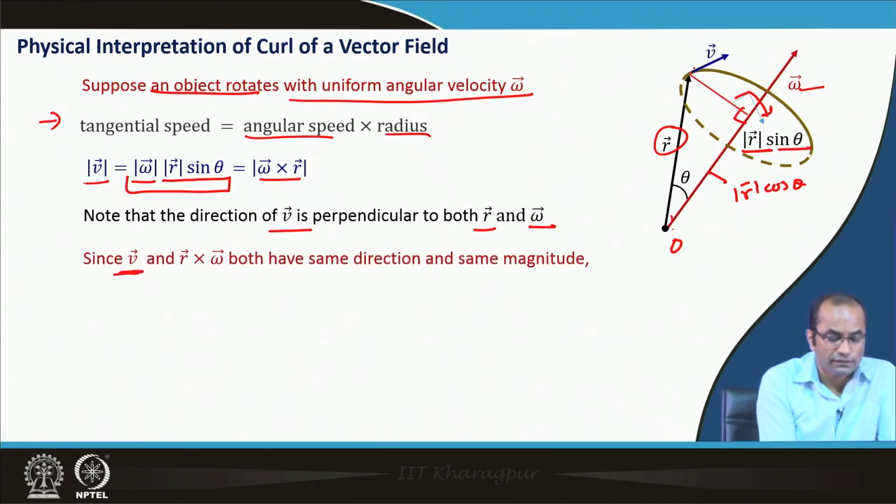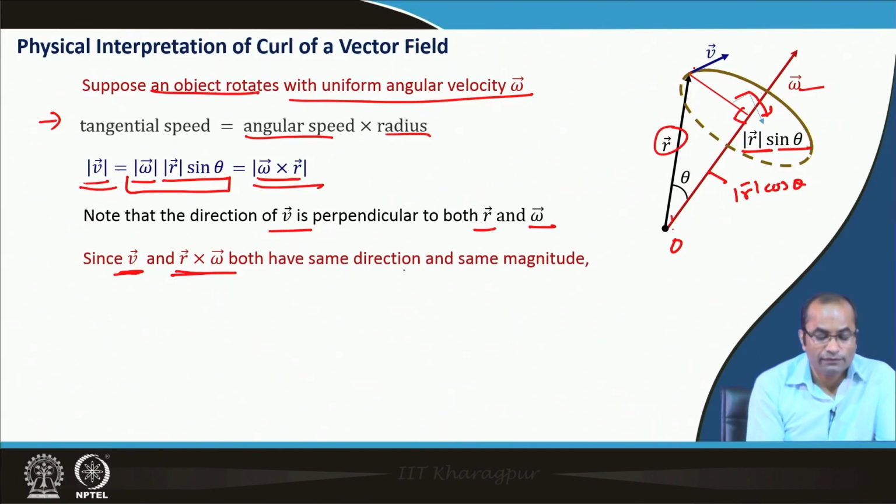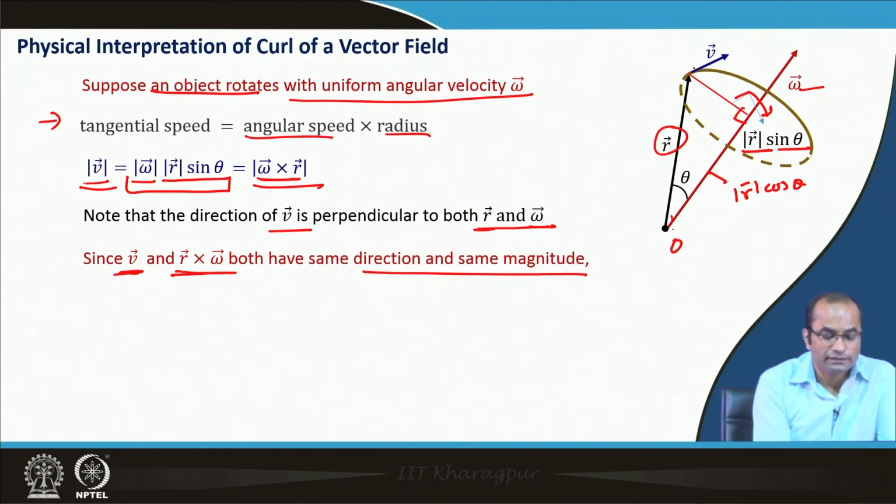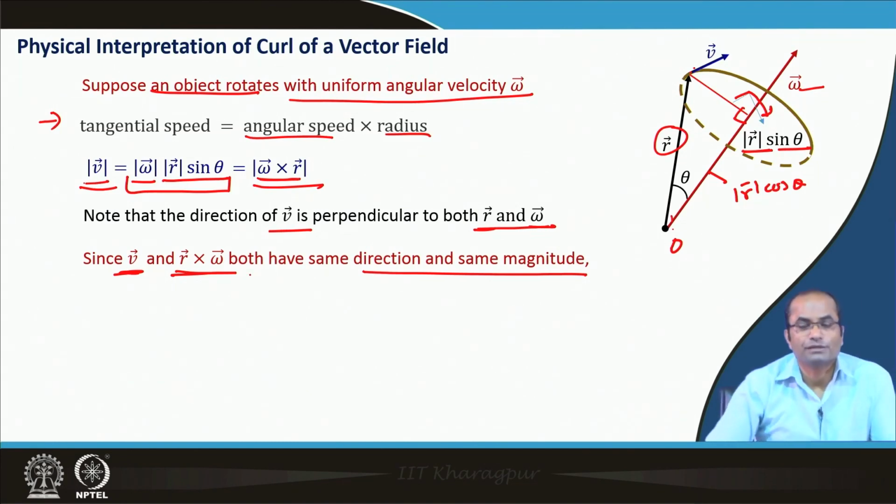Since this v, the linear velocity or the tangential velocity, and this omega cross r, which we have just observed, have the same magnitudes, and both have the same directions, because the direction of v is perpendicular to both r and omega, that means v and omega cross r are the same, because they have the same direction and the same magnitude.